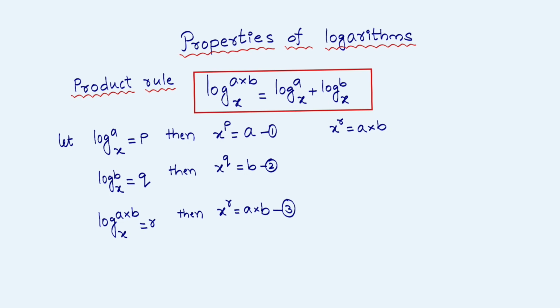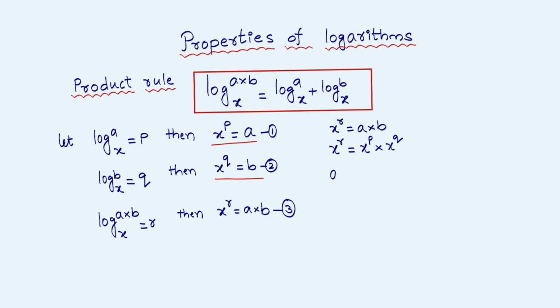Then we get x to the power of r is equal to, from equation 1, a is equal to x to the power of p. So we can write here x to the power of p into, from equation 2, b is equal to x to the power of q. So in the place of b we write x to the power of q. And we all know the laws of exponents.